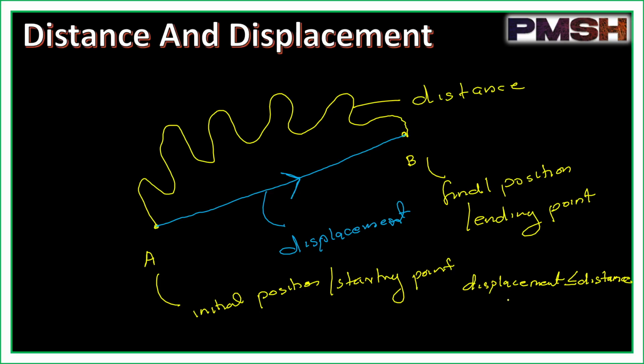When will displacement be equal to distance? Yes, when it is traveling in a straight line, both can be equal, right? So this is very important. You have to note this. Displacement is less than or equal to distance. Clear?